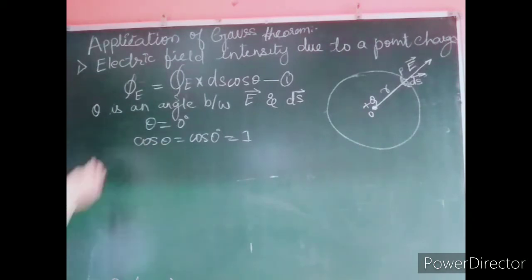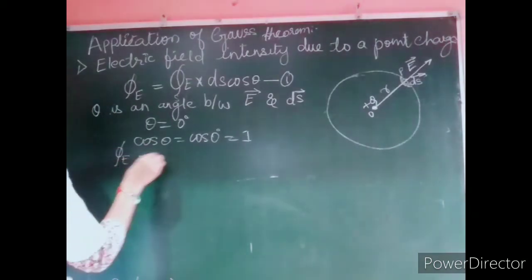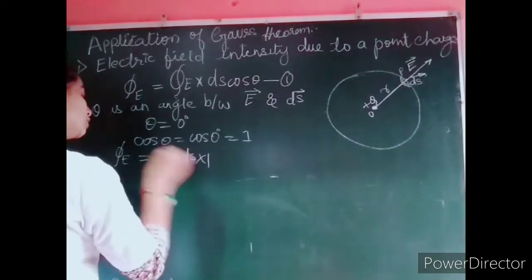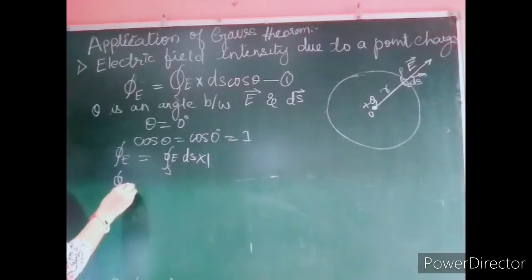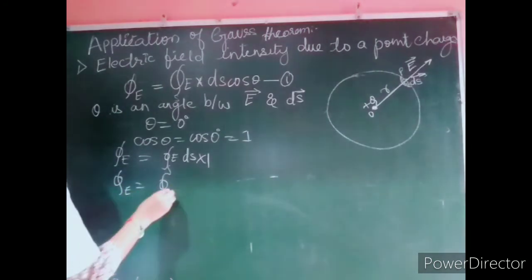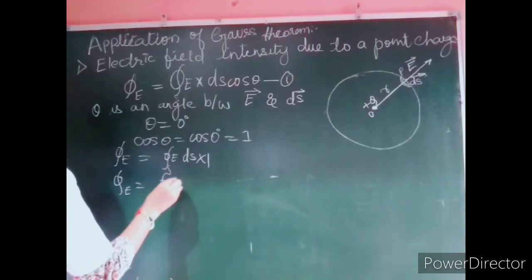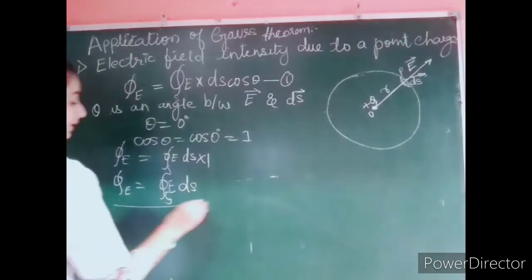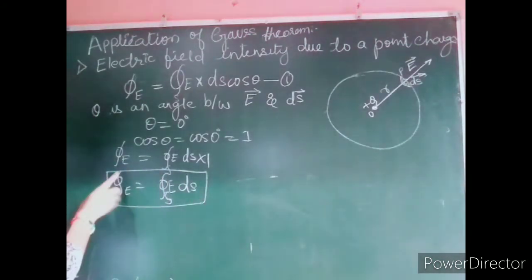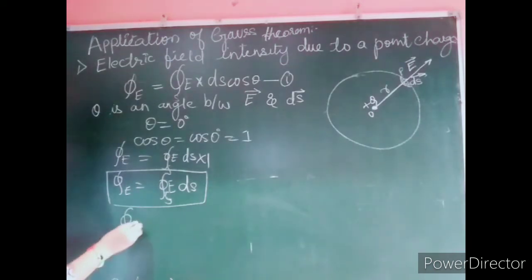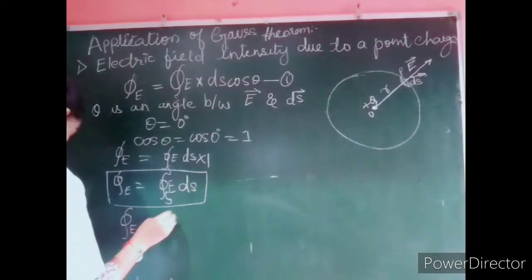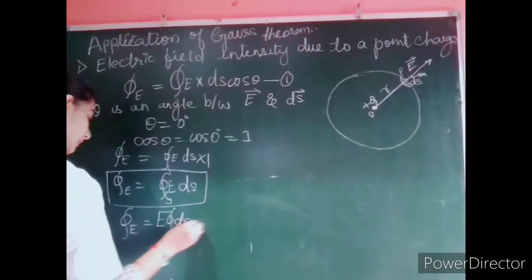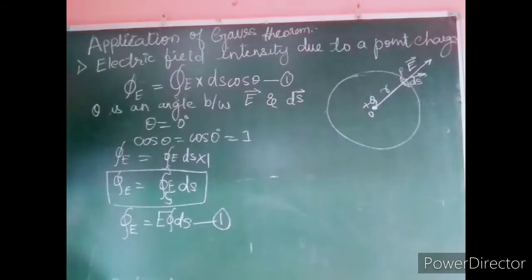So now we get E is equal to ds into 1. So ds, and by integrating we get in a closed surface electric flux is equal to integral of E into ds, that is our equation number 1.